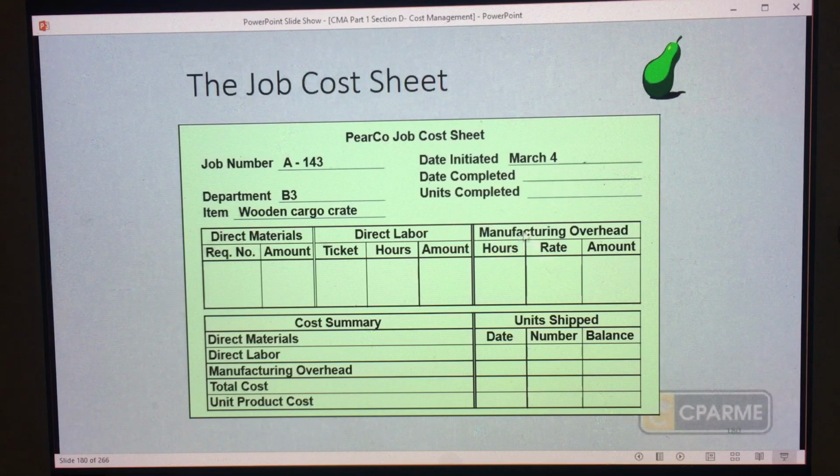How many units are we expected to complete? Which department is this sheet coming from? What is the item? It is going to require you to input information about your direct materials, your direct labor, and overhead. And then at the bottom, you see your cost summary, also showing the units shipped and your inventory for that item. So this is a per-company job cost sheet.